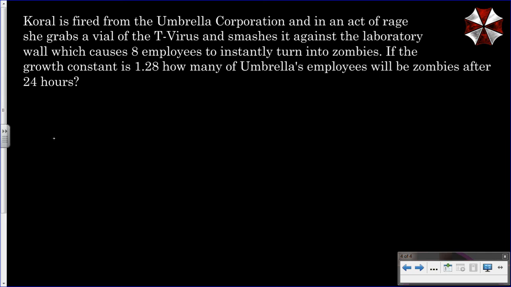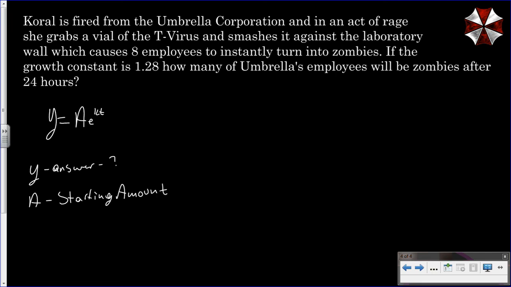So we know y equals a times e raised to kt. Let's fill this out. Y is our answer, and we don't know what that is yet. A is our starting amount, and our starting amount is 8 employees because they were instantly turned into zombies when she smashed the vial.